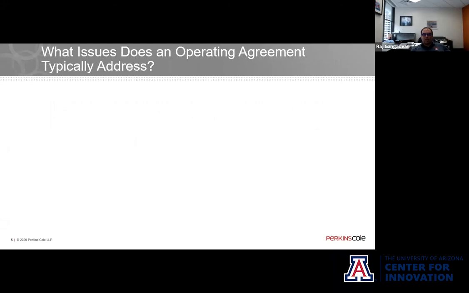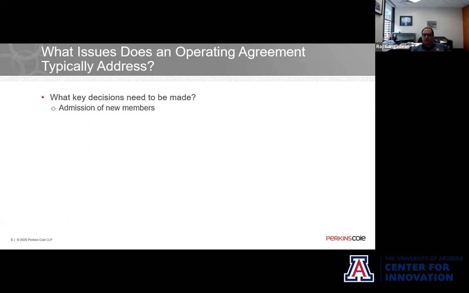Okay, let's go to part 2. What issues does an operating agreement typically address? There's a lot of key decisions that need to get made during the term of a limited liability company's existence. A few examples here: admitting new members.